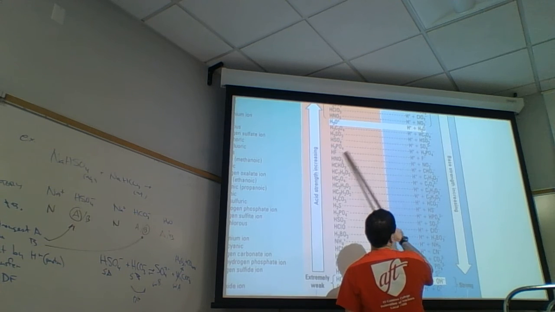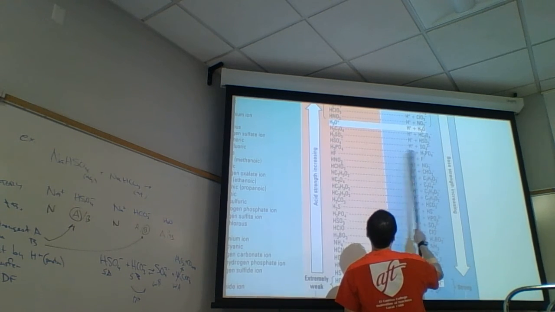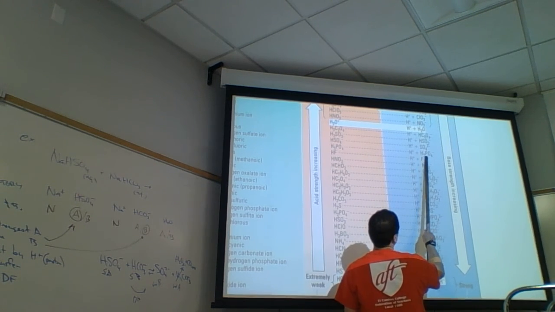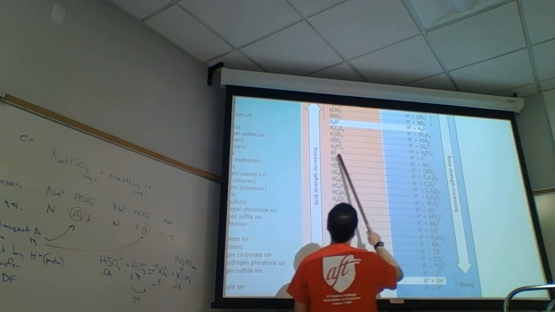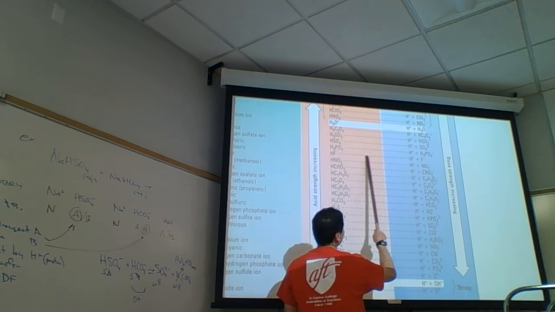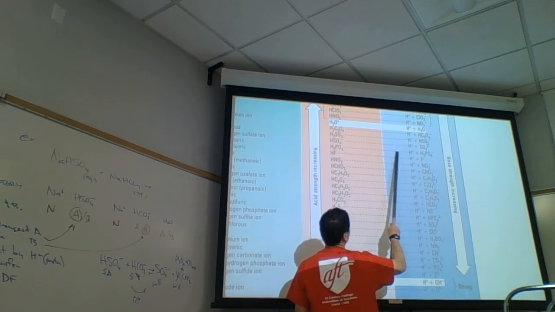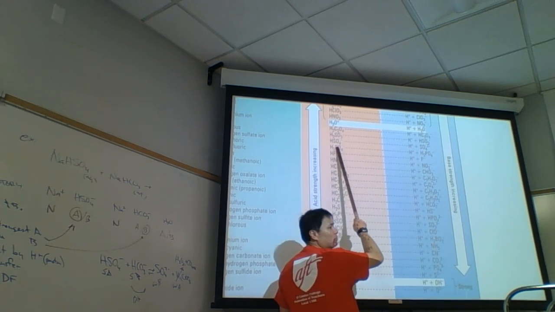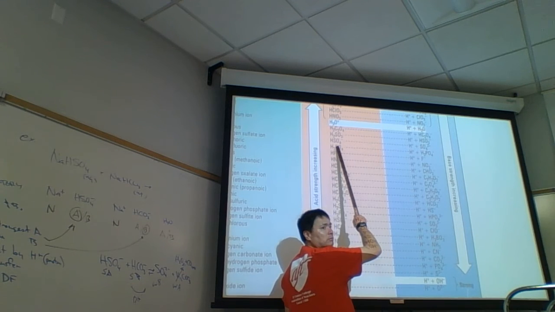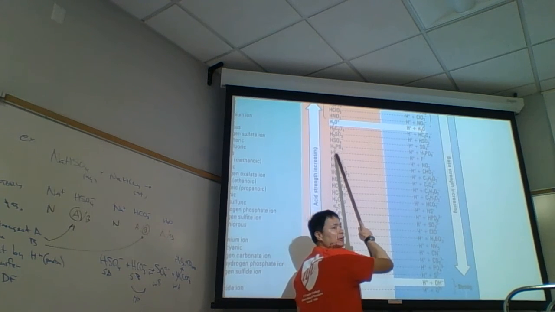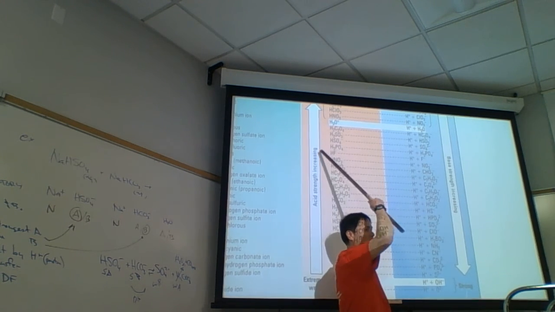If HF reacts with H2PO4 minus, then HF loses, H2PO4 minus gains. And so this is what happens. HF donates a proton to H2PO4 minus to form H3PO4. Is that favorable? No, it's not favorable because we're going uphill.